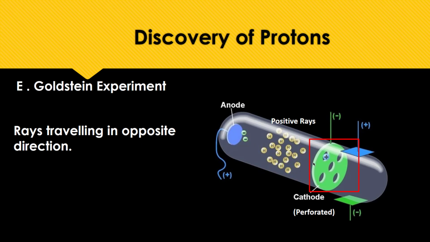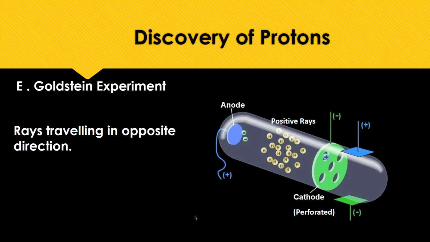A ray which was just the opposite to the cathode in all respects was emitted from the anode. This ray was named anode ray. The anode ray consisted of positively charged particles called protons. You may observe this through the diagram, children.